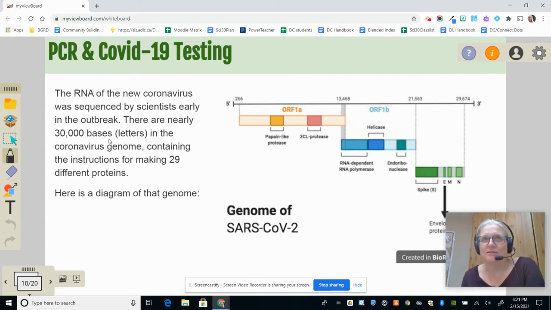Remember, bases are like the A, T, C, G, just slightly different in RNA. And it contains the instructions for making 29 different proteins, and there's a little diagram of that. This was figured out really early on in the outbreak. Now we can figure out these sequences quite quickly with the technology that exists these days, whereas it might have taken years before, it can be done very fast.